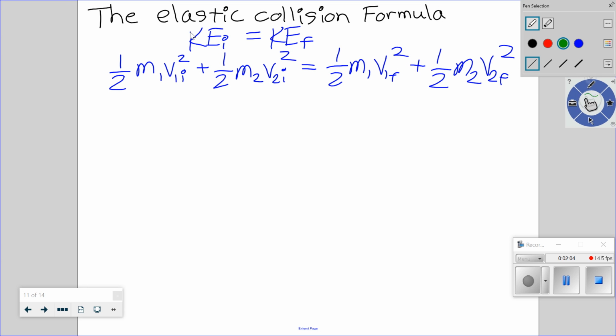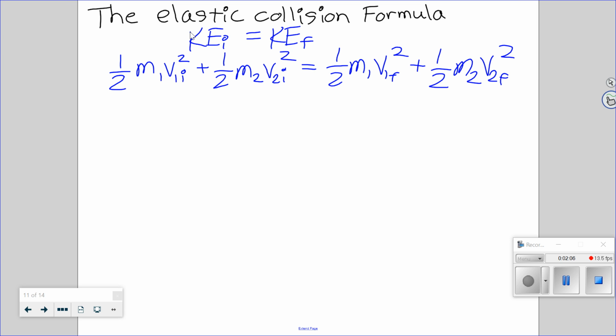Okay, well, like everyone's too eager to blurt out, we conserve momentum. So we also note that we have M1 V1 initial plus M2 V2. Now these have to be vectors. They have to have plus and minus appropriately, because if you just add them absolutely, that's totally not true.